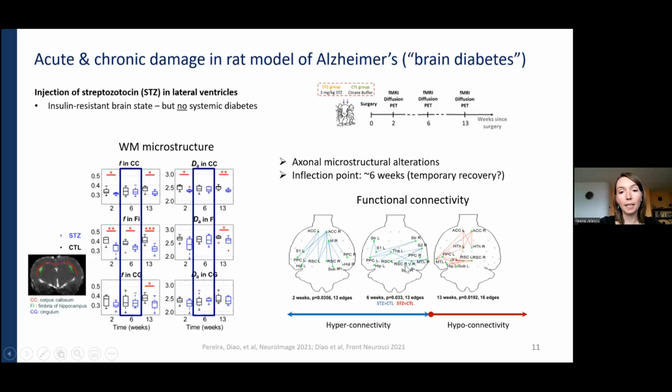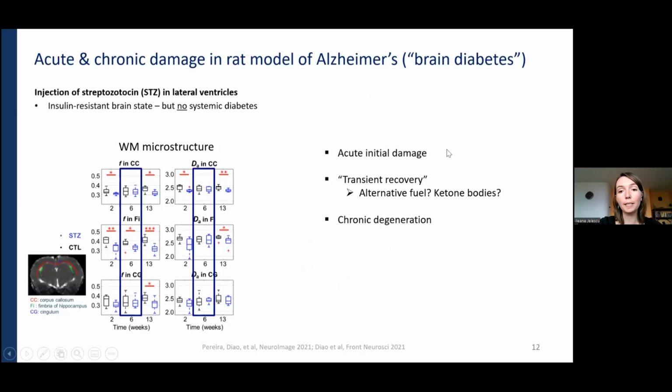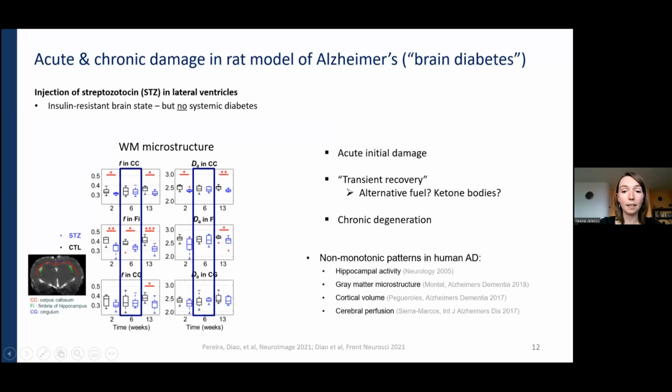And this was intriguing because in terms of functional connectivity, we also found that this 6-week time point was the time where the brain switched from hyperconnectivity to hypoconnectivity in these Alzheimer's rats. And so essentially these 3 steps of acute initial damage with transient recovery, possibly led by alternative fuel to glucose, so maybe ketone bodies, but then followed by chronic degeneration, is something that was also reported in human Alzheimer's disease at different levels.